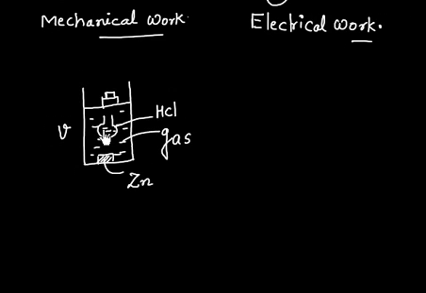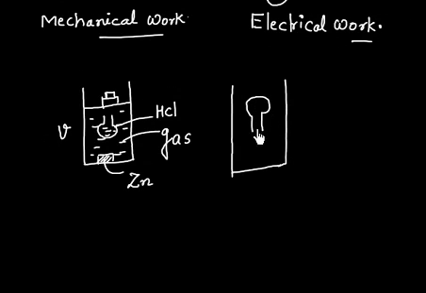Now if I pour this HCl into the vessel, that is, if I tilt this vessel down so that all the HCl falls in, what will happen? Now I have zinc and HCl, so zinc starts reacting with HCl.